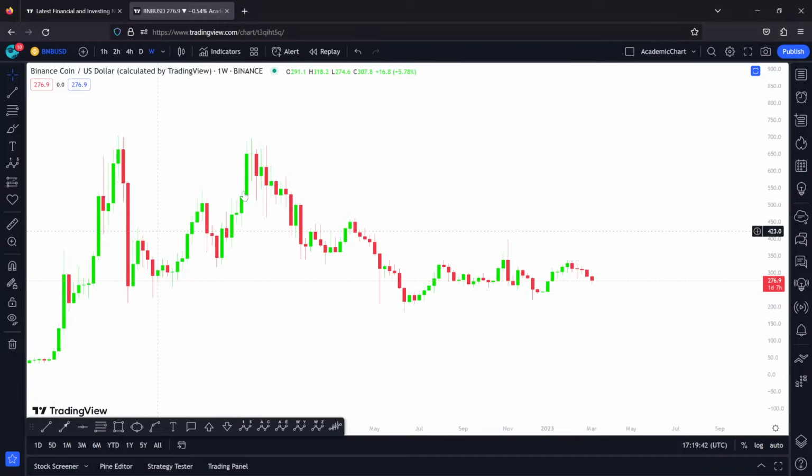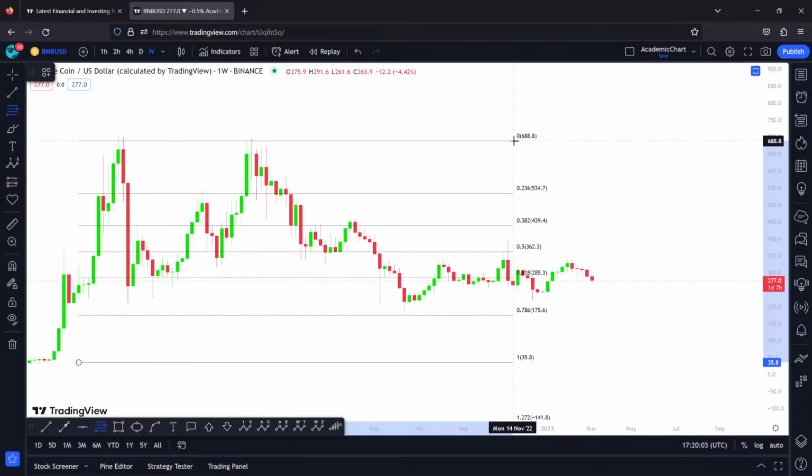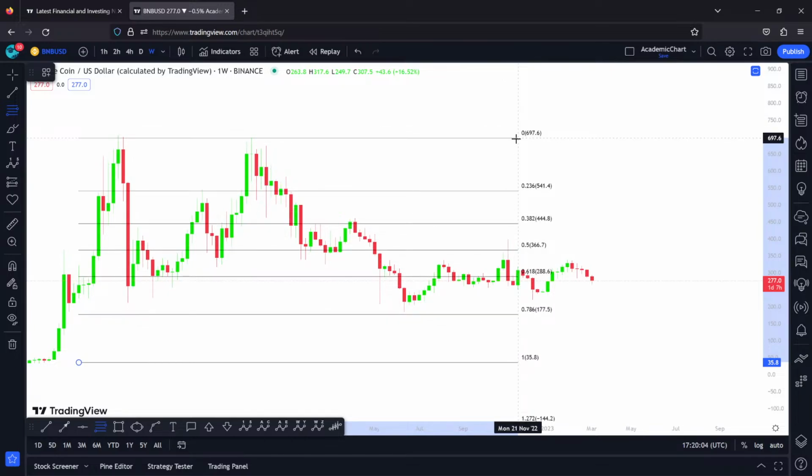Then after that, we are seeing a very powerful impulsive move to the top. I'm not really interested in how that was, but I'm interested to know how much it has been corrected after this impulsive wave. So I'm utilizing these Fibonacci retracement levels here.